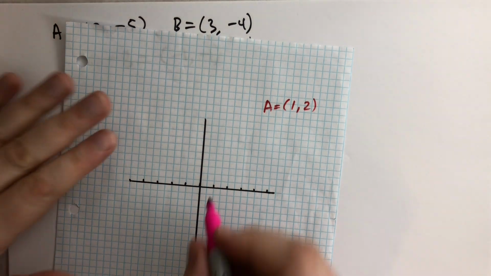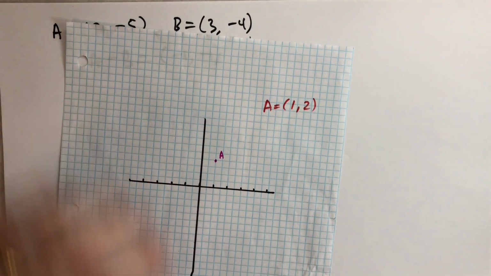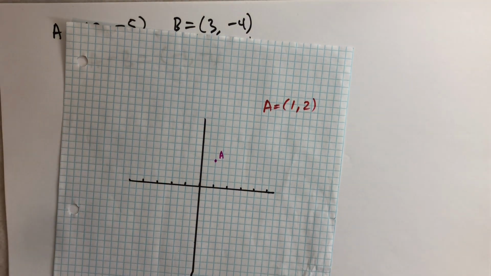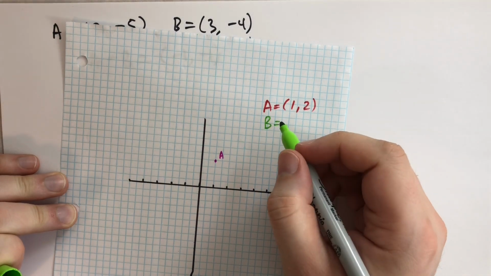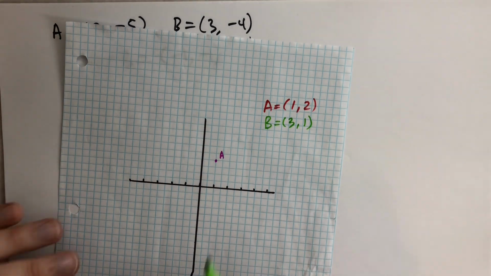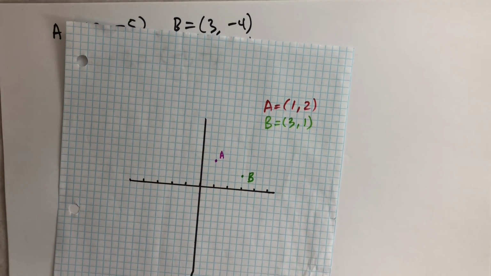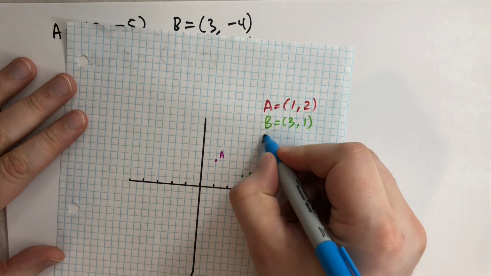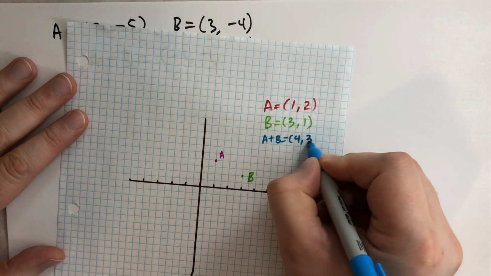So we draw A, (1, 2), is A right there. Then we have the point B, let's do it in green. B is equal to (3, 1). So B is 1, 2, 3 over here and up 1, that's B. Then let's use blue for A plus B. That's going to be (4, 3).